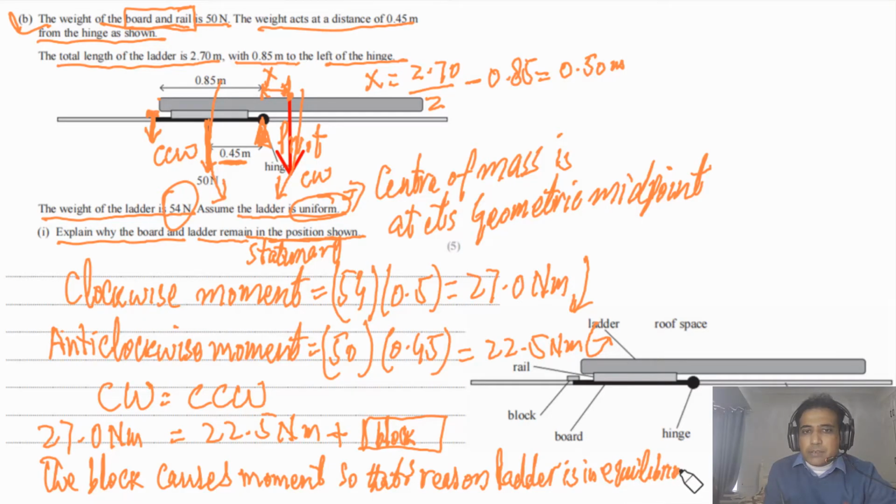So this is how we can answer these points. You need to understand that you simply calculate the net moment. There is some net moment, but the ladder is in equilibrium. It means the missing moment has to be provided by the block, because the net moment in this case is clockwise, so the block has to exert a counterclockwise moment to balance the net moment. So this is how we can approach this question.